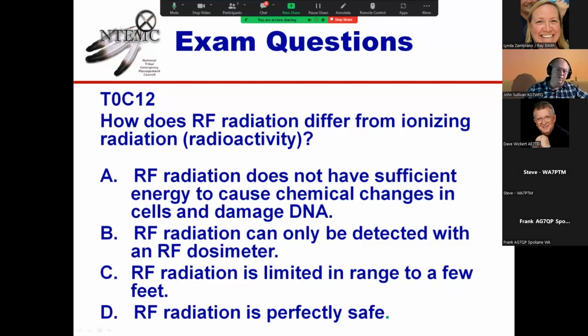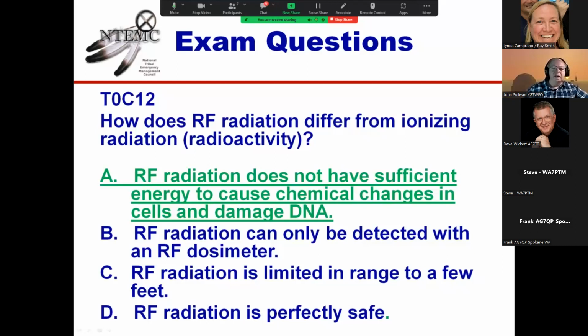RF radiation is not perfectly safe, you can get a radiation burn. RF radiation is not just limited to a few feet, and I don't even know if there's such a thing as an RF dosimeter, but maybe there is. So the answer is A. It doesn't have the energy to cause the chemical changes to your cellular structure.